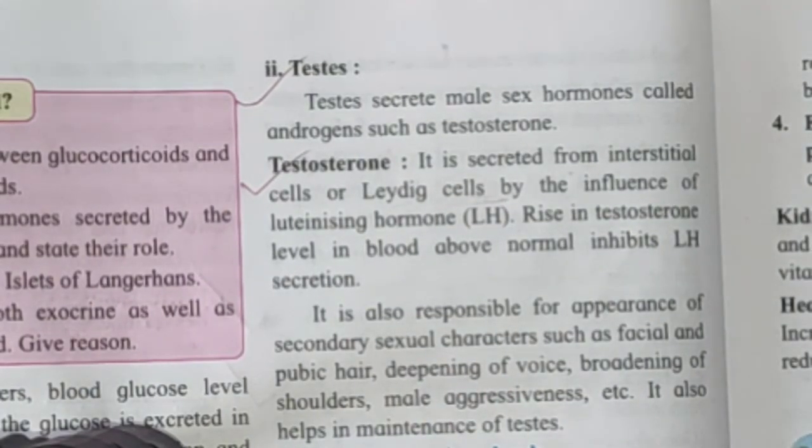Secondary sexual characters include facial hair, pubic hair, deepening of voice, broadening of shoulders, aggressiveness, etc. That means all these sexual characters get developed by testosterone, so that when males become adults, at that time their voice changes, facial hair and pubic hair start developing, as well as their body structure also starts developing.